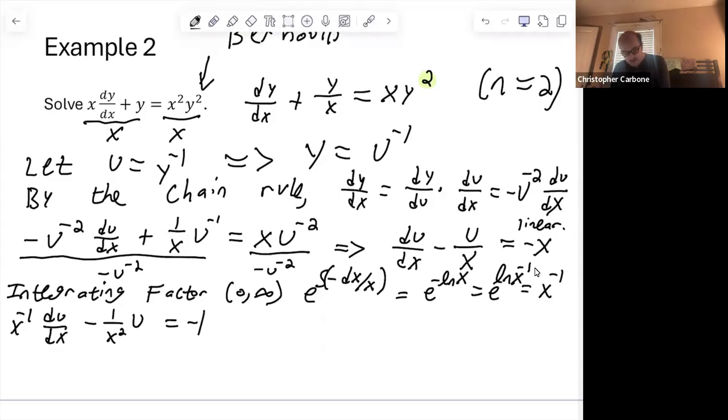That left-hand side is the product rule. So the derivative with respect to x, condensing it, is x to the negative first power times u is equal to negative 1. And we'll integrate both sides of this with respect to x.